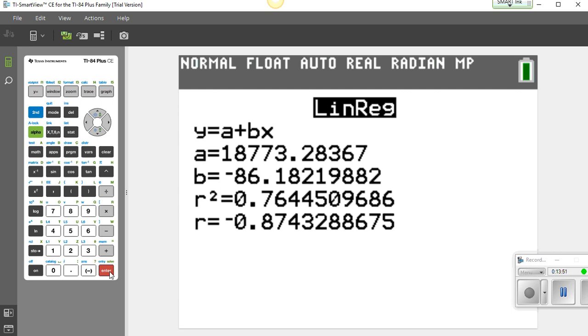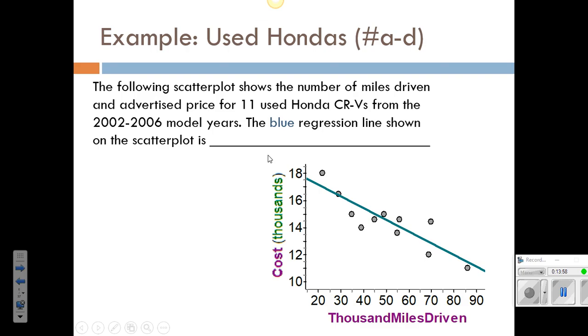However, what's our task right now? Write the regression line. Do you guys see that's going to be the 18,773.28 and the -86.18? All right, now, a lot of you guys are probably going to write y equals, but I don't want you to write y equals. I want you to write cost with a hat. You see how I wrote cost with a hat? Cost is wearing its little party hat. Oh, that's terrible.